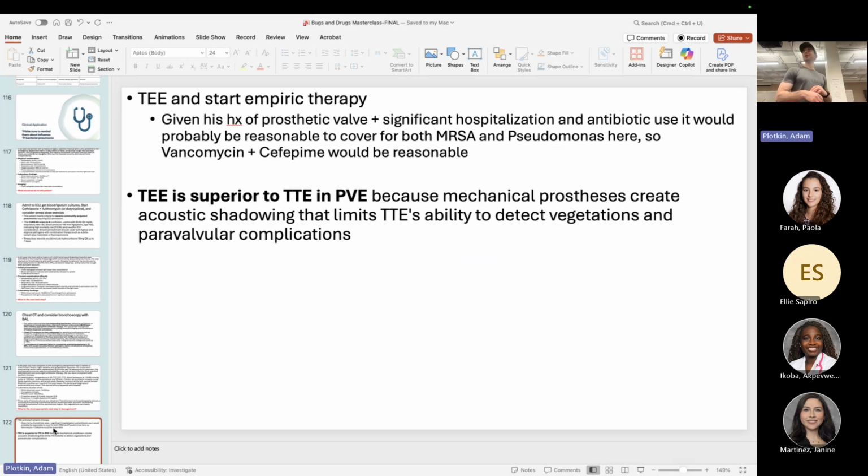We should have a high suspicion of MRSA and other big bad gram-negative rods, right? He's got the antibiotic history. He's got the hospitalization history. Let's start him on vancomycin and cefepime, that would be reasonable, okay? Again, this would be a great guy: if the MRSA nares comes back negative, I can pull off the vancomycin, okay?